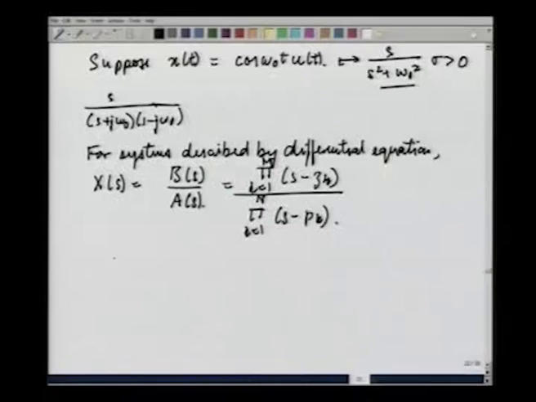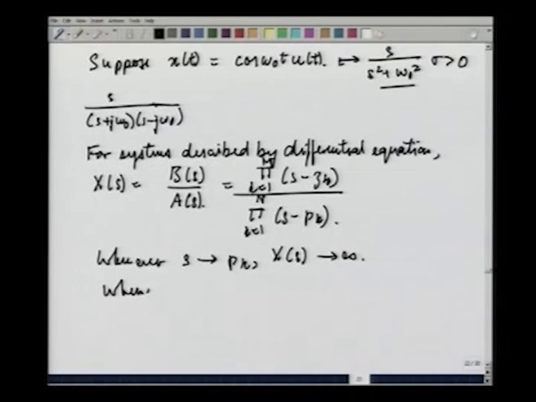You see, whenever s approaches a pk, X(s) will approach infinity, because a factor of the denominator is becoming 0. Likewise, whenever s approaches a zk, then X(s) approaches 0, because the factor in the numerator is going to 0.